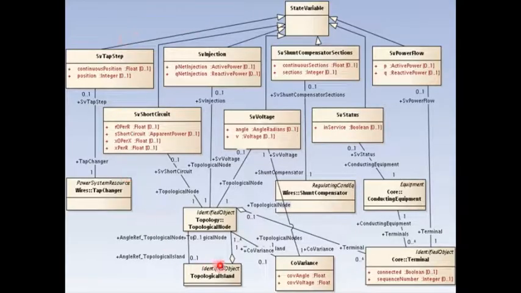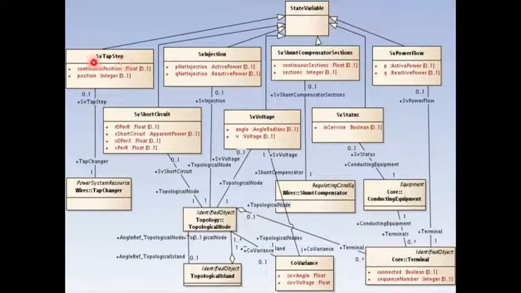The structure of one such profile, that is the state estimation profile, where the state variables are required to be created. Here we will have a lot of classes to be utilized for creation of the state variable profile.